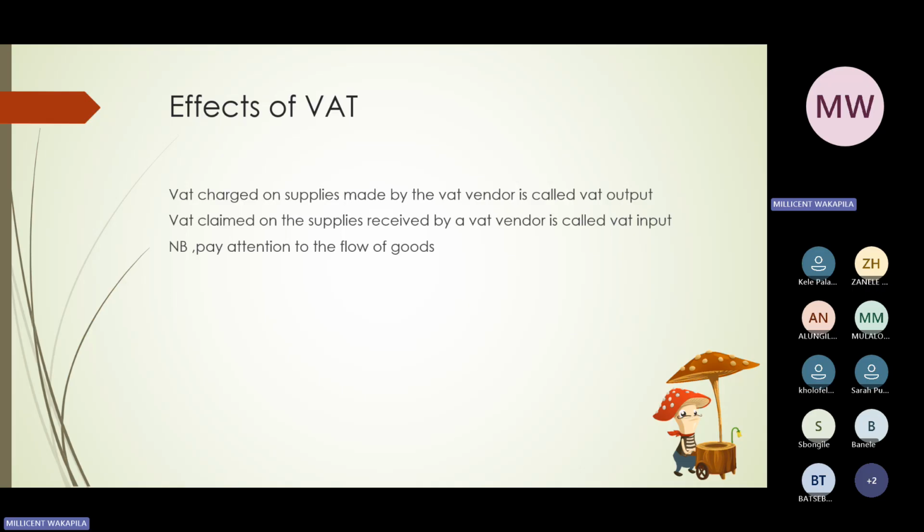Whenever you're receiving a service, it's a VAT input. So the trick to differentiating between VAT outputs and VAT inputs is to take note of the flow of the goods or the services. I should have corrected my slides here to say goods and services, because it doesn't apply only to goods, but also to services.